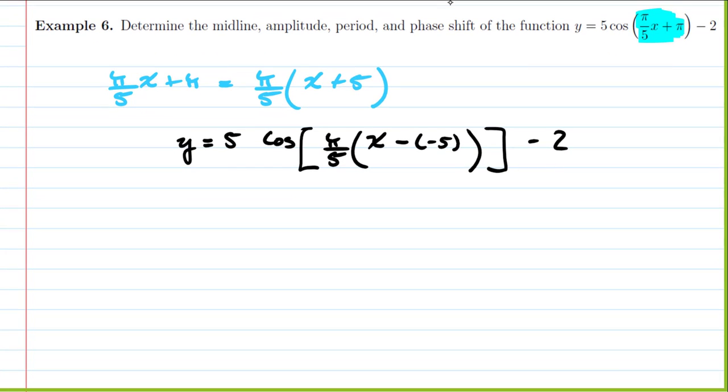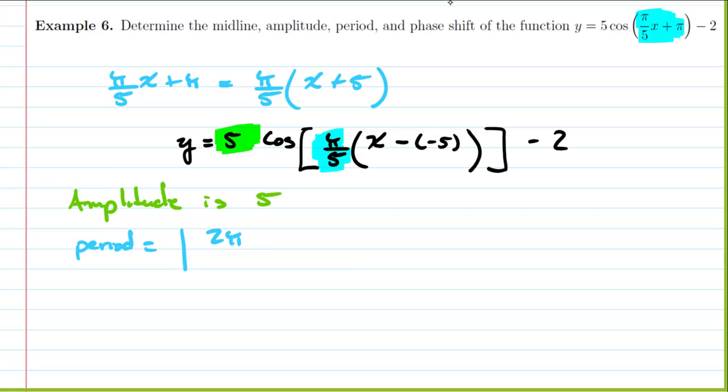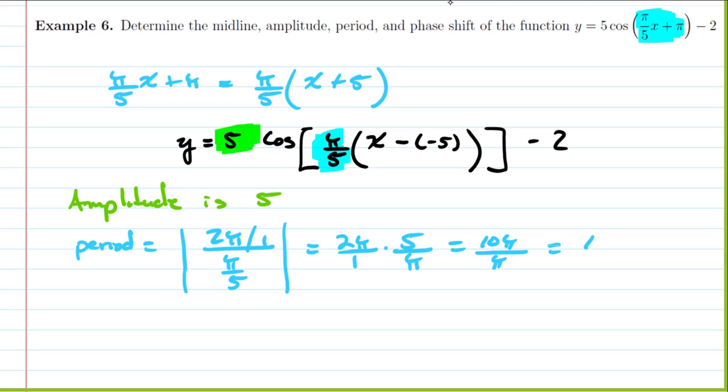So now I can identify each of my parts. My amplitude is going to be 5. My period is going to be 2 pi divided by pi over 5 in absolute value. Making 2 pi a fraction over 1 gives me 2 pi over 1 times 5 over pi, which is 10 pi over pi, which equals 10.